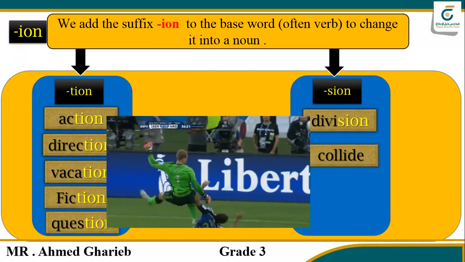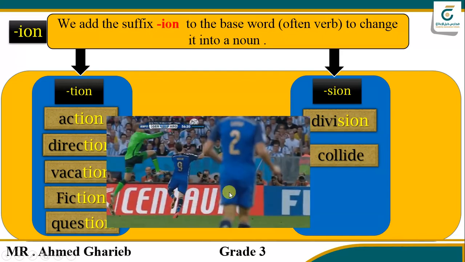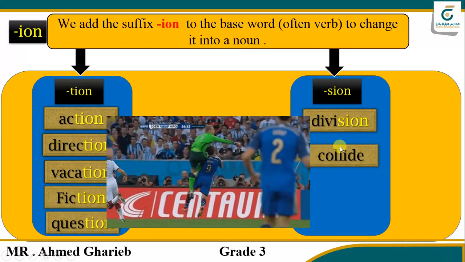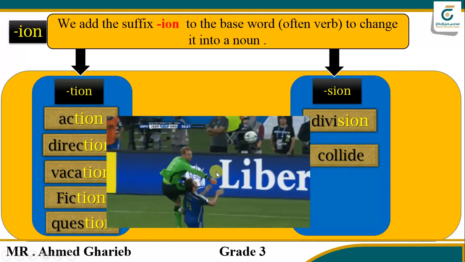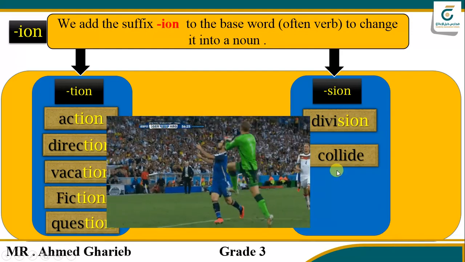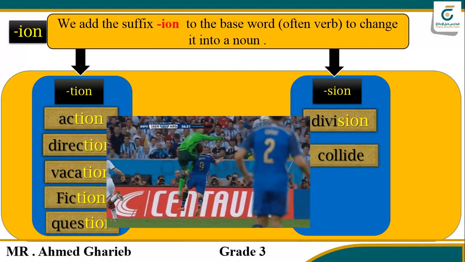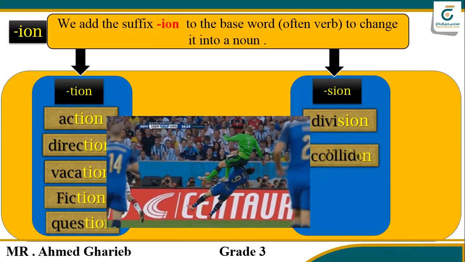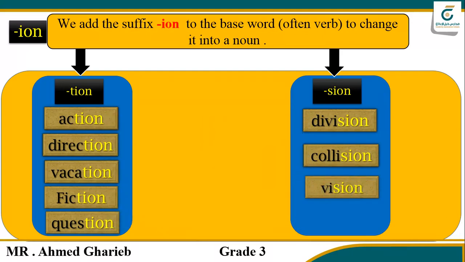If two persons or two things or more collide, this means that they crash. So the noun from collide is collision. Vision, it doesn't have a verb. Vision means the ability to see.